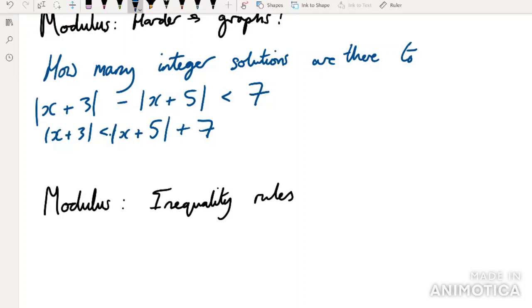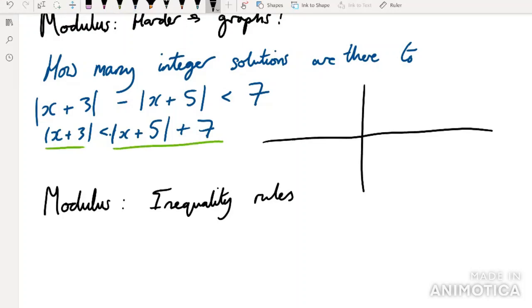That's the same thing. And so now we can just sketch both sides. Sketch that side and sketch that side. And if you've been practicing graphs, as I requested, that shouldn't be very hard for you. So we've got -3 for one of them, gradient 1. And then -5 for the other, but it's also at +7, so it's all the way up here.